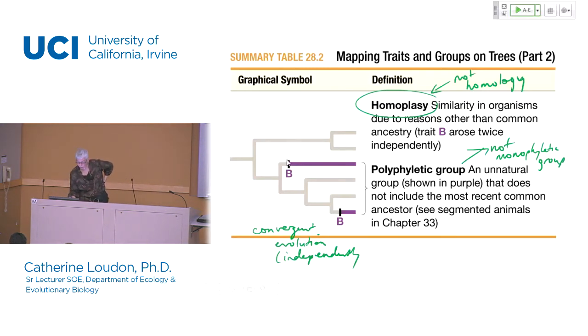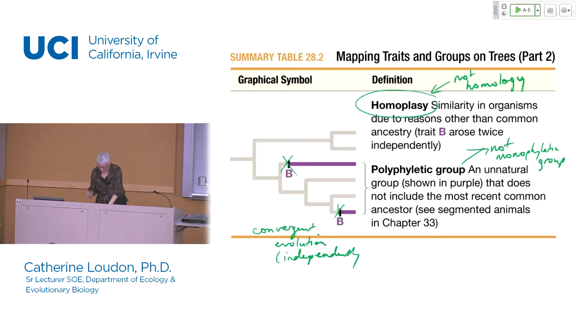One SNP here and one SNP there. So you can talk about a set that includes those two taxa, but it's not a monophyletic group. Monophyletic groups are generally preferred because they're a clearer, distinct evolutionary lineage.